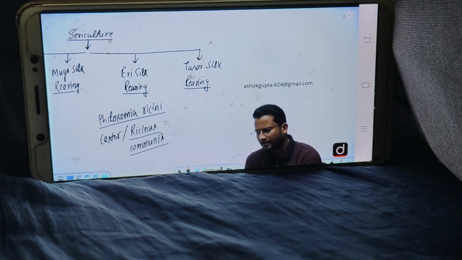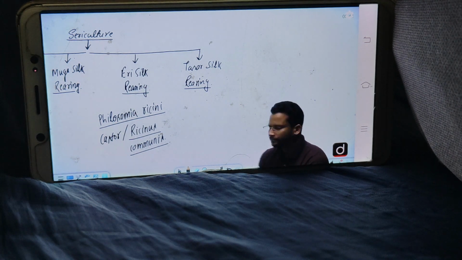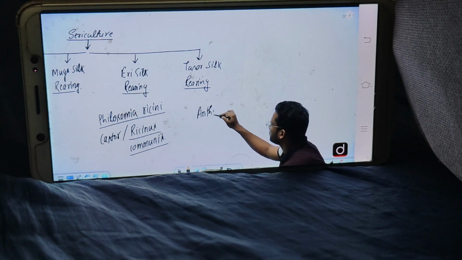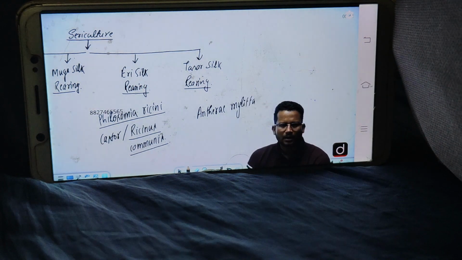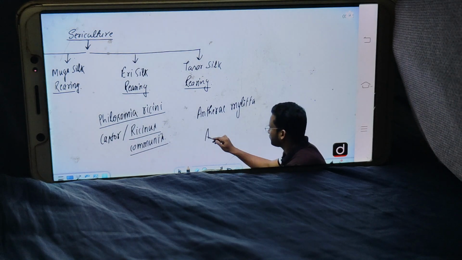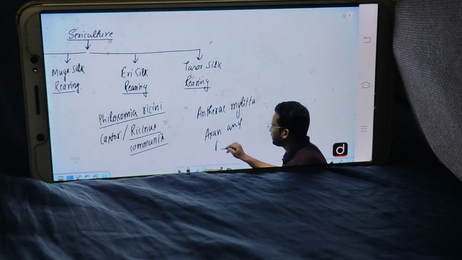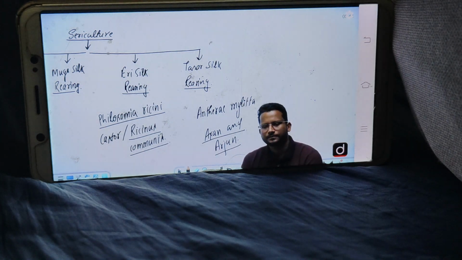Tussar silk is generated by using the silkworm Antheraea mylitta, and the trees we use are Asan and Arjun. So these are the trees used in tussar silk rearing.